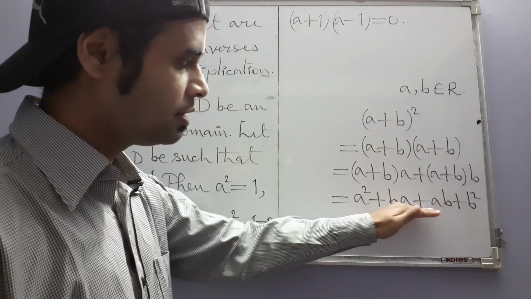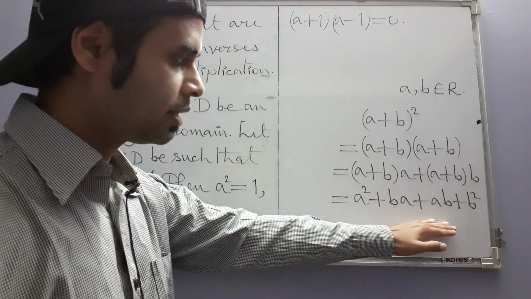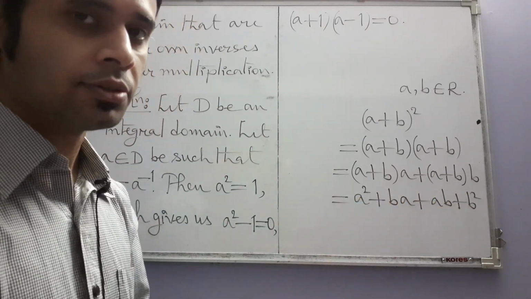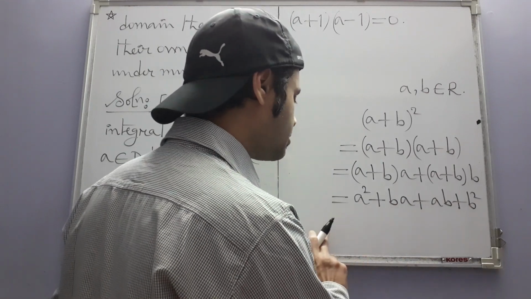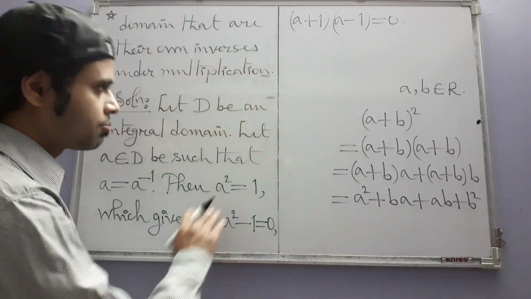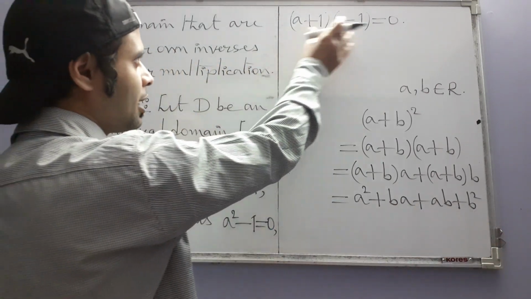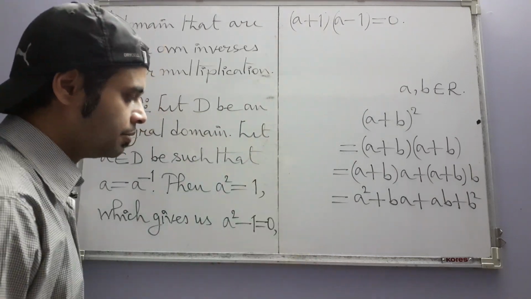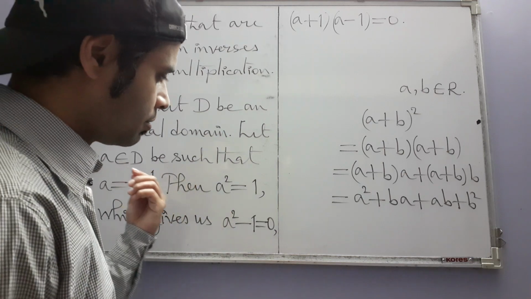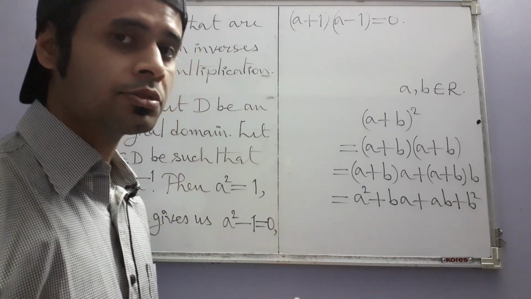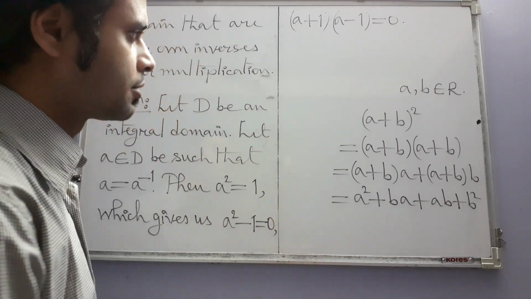Up to this stage everything is okay, but after that you may not be able to write 2AB. But if you are in a commutative ring, you can just do your usual calculation. That's what I am saying here. When you multiply such things in a commutative ring, you don't have to worry about anything. It just goes like how we are used to this kind of calculations.